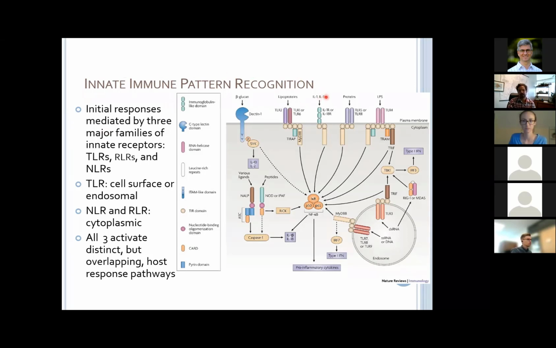The concept of pattern recognition really emerged in the 80s, but it came about as part of a really decades-long understanding that there was something we were missing in understanding the immune response. The 60s through the 80s was this explosion of understanding about adaptive immunity, and we'll talk a little bit more about that in a few minutes.